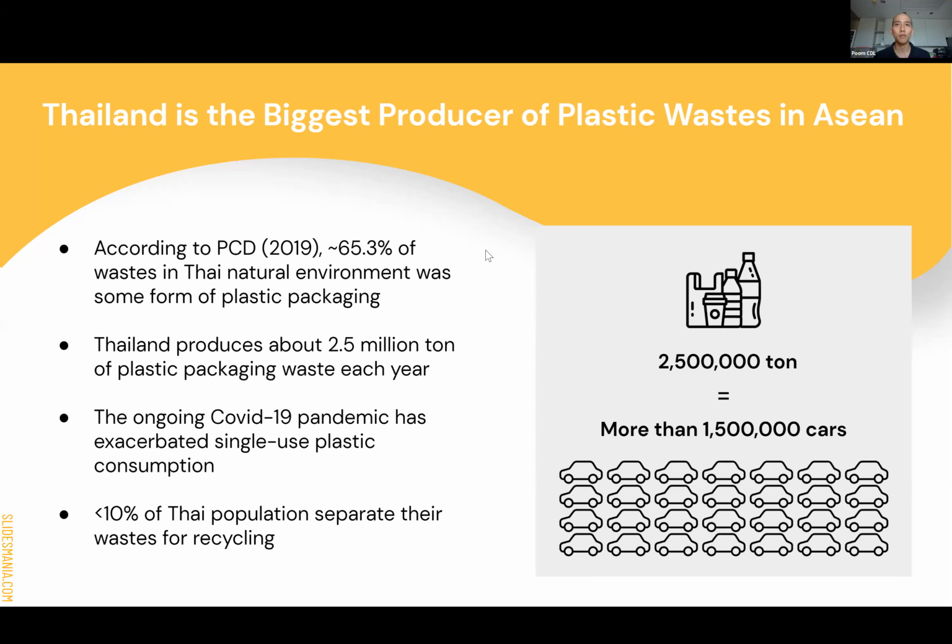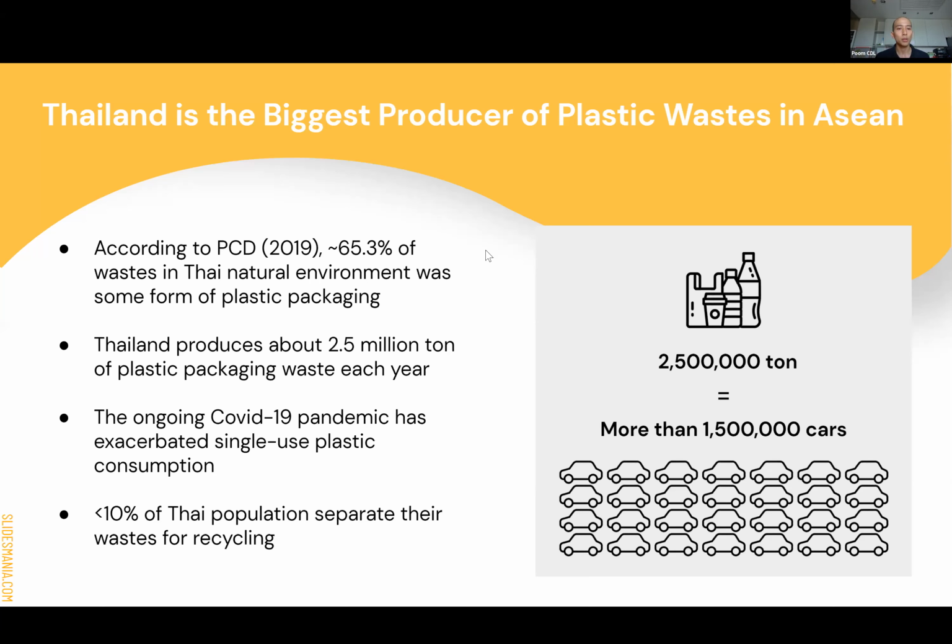Here we go. So Thailand is the biggest producer of plastic waste in ASEAN, right? And every year we consume about 2.5 million tons of plastic packaging products. If you want to know the magnitude, it's actually the size of 1.5 million cars combined. And for the record, this number is dated prior to the pandemic.